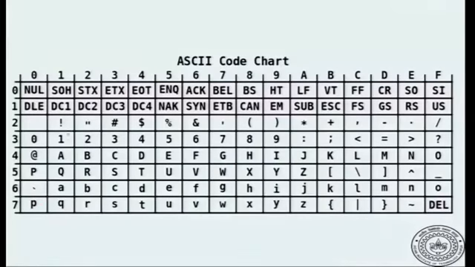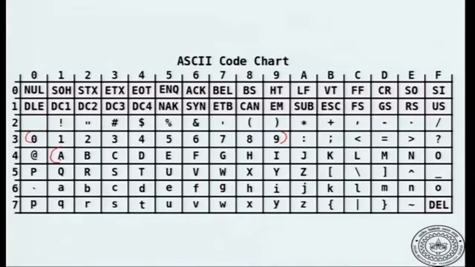In our previous session we had said that we don't need to remember the exact ASCII code of certain characters. We just need to remember some abstract properties of the ASCII table. For example, all the digits occur together from 0 to 9.